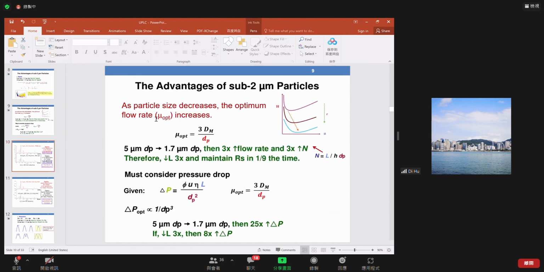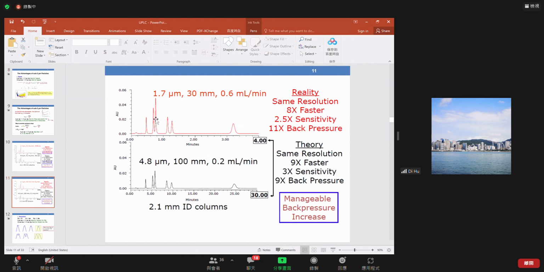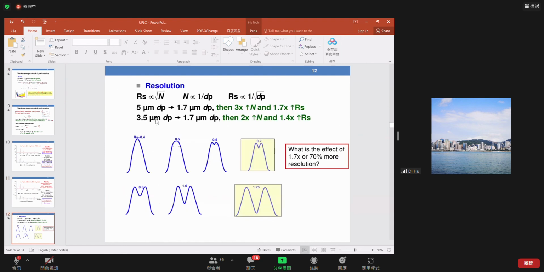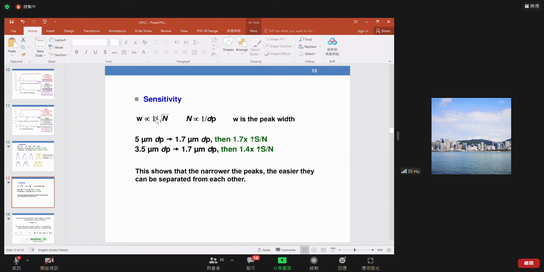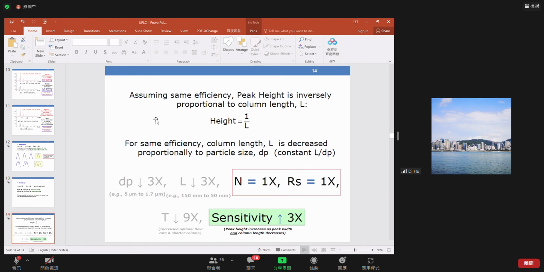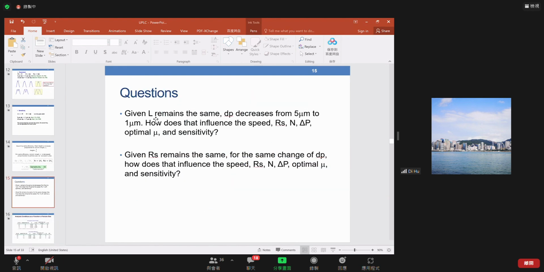So we did a lot of practice here. See if we keep N unchanged, with the resolution the same, how does that work? And if we keep L the same, how does that influence things? The reason for this is that I want you to understand how particle diameter influences the performance: the separation time, the speed, the resolution, and the sensitivity.